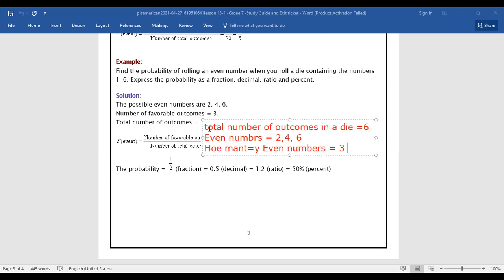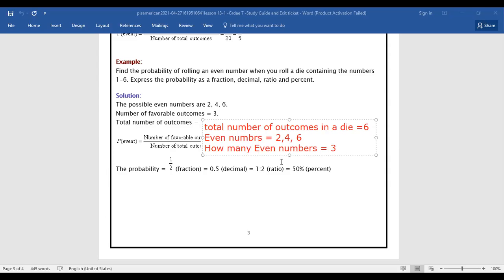Then we said that the total number of outcomes in a die was 6. But the even numbers are 2, 4, and 6. So how many even numbers? We said that we have 3.